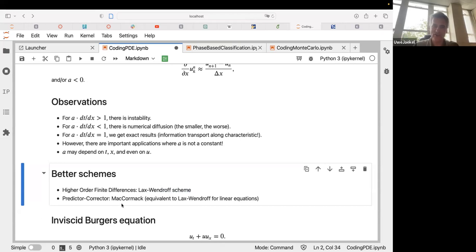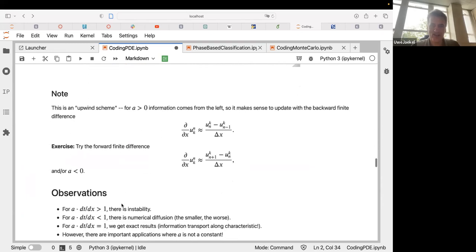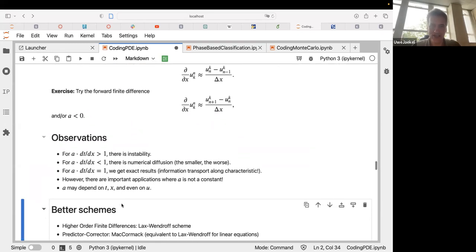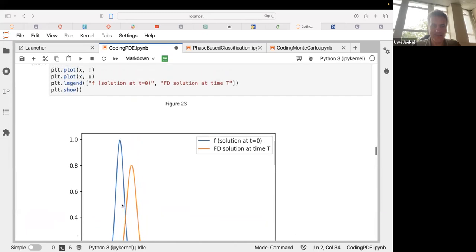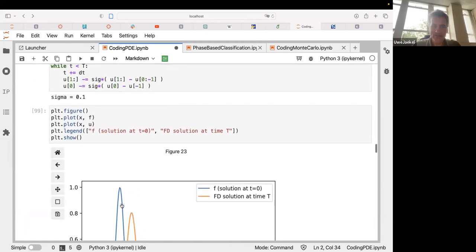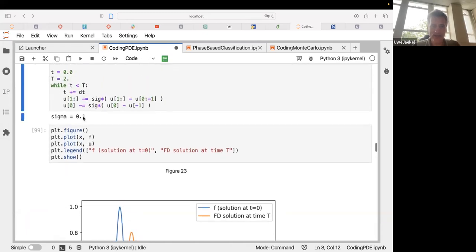And then there's also a predictor-corrector method that predicts a step and then makes a correction. For linear equations, this is exactly the same as the Lax-Wendroff scheme. For nonlinear equations, there are some subtle differences. So I won't go into details with that. So if sigma is less than 1, we get this effect of numerical diffusion.